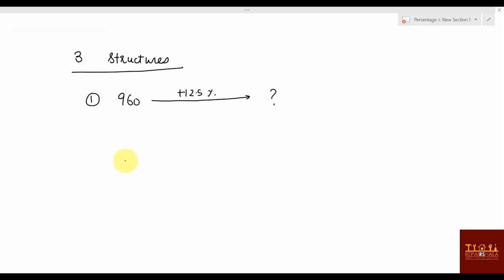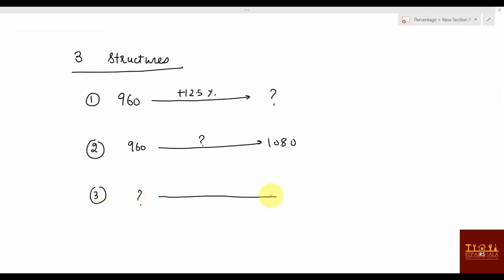The second structure could be that 960 is becoming 1080, then what is the rate of interest? And the third structure is that something is becoming 1080 at 12.5% interest. These 3 structures, if you have practiced well, then percentage will be cake for you.